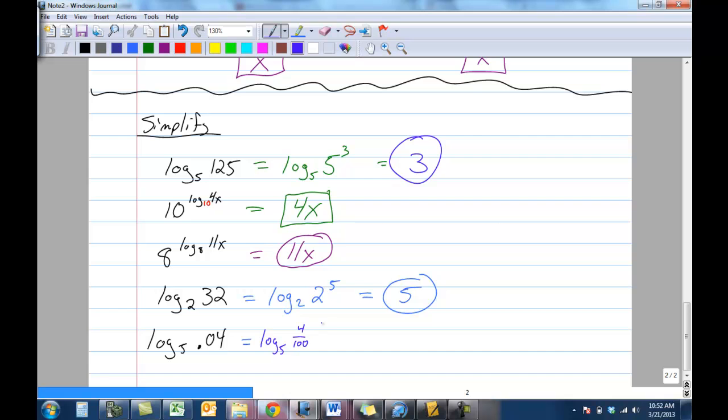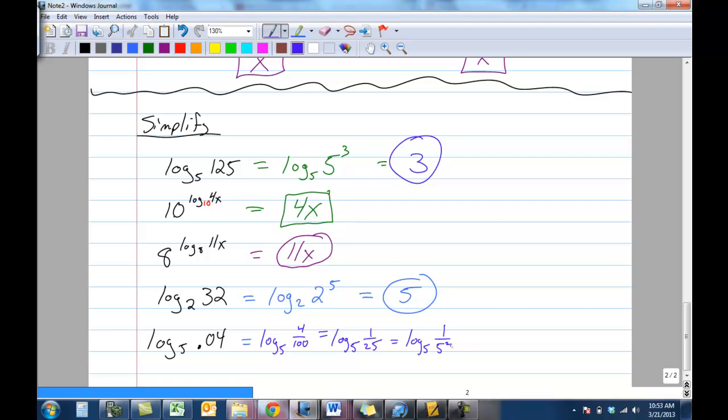All right, simplify that fraction. What does 4/100ths break down to? 1/25. All right, 25 and 5. You're starting to feel a connection, right? Another way to write 1/25 is log base 5 of 1/5 squared.